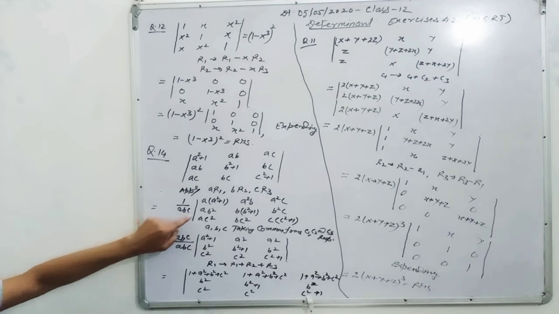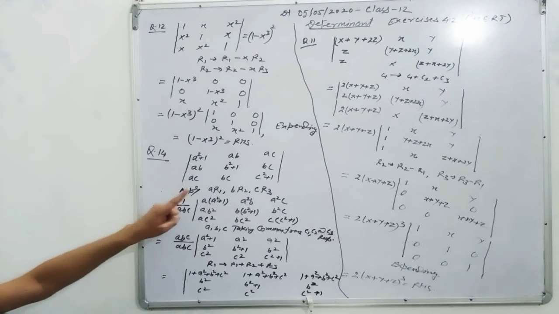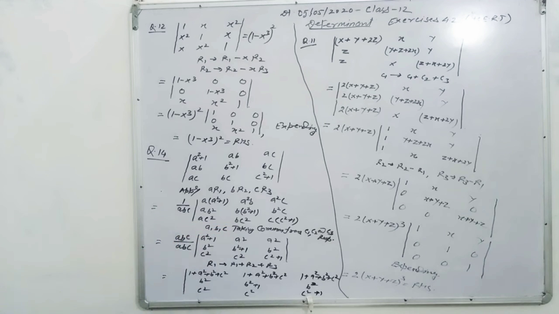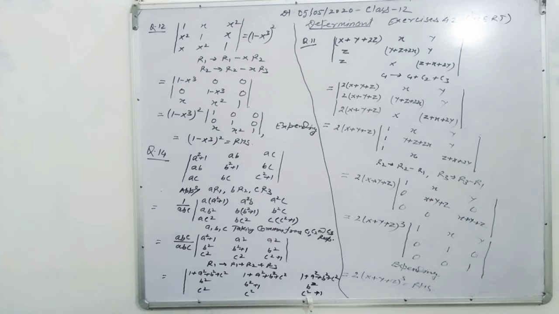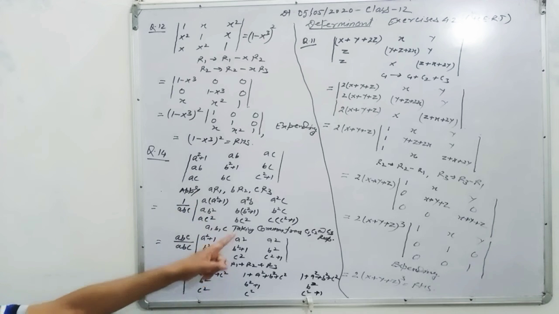In R2 by b, after multiplying you will get ab square, b times of b square plus 1, b square c, and in R3 multiplying by c, so ac square, bc square, c times of this. Now remember, in rows multiplying by a, b and c respectively R1, R2, R3, and a, b, c taking out common from C1, C2 and C3 respectively. a from C1, b from C2, c from C3, taking out common.